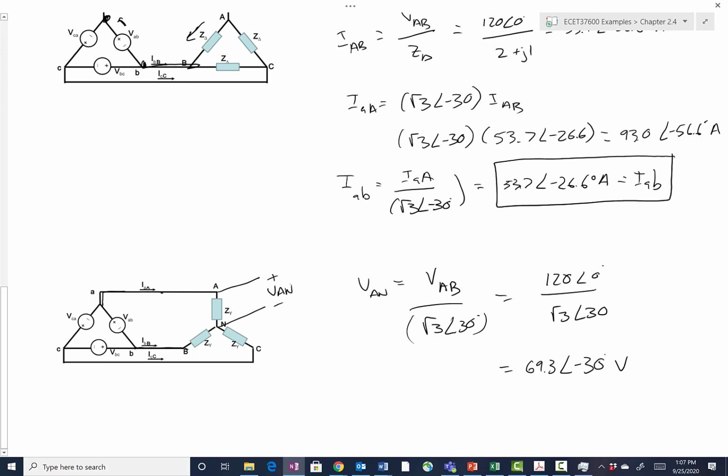So now we can determine IAA, the line current, as VAN divided by the Y load, one phase of it. So let me find my numbers. So that's the 69.3 angle negative 30 degrees divided by 2 plus J1.